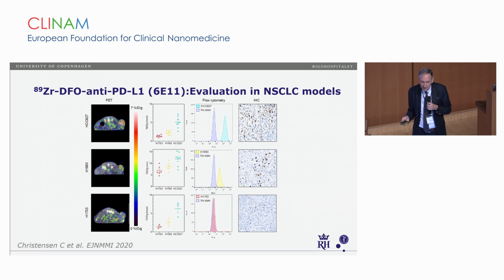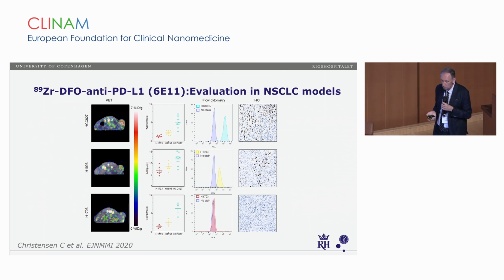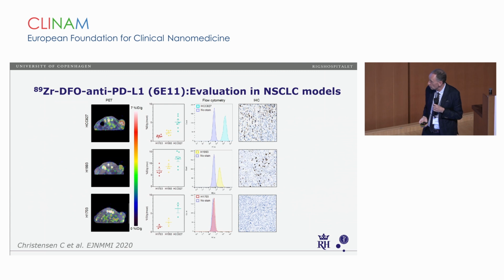And again here, these are non-small cell lung cancer models of different hotness, if you want, or different PD-L1 expression, and you can see the tumors. Unfortunately, I don't have a pointer here, but you can see the tumor to the right at the cross-section. And it worked well, it correlated well with immunohistochemistry. Why shouldn't it?